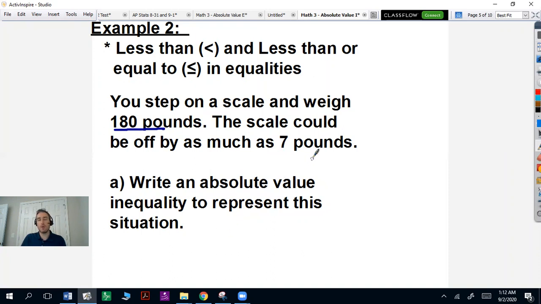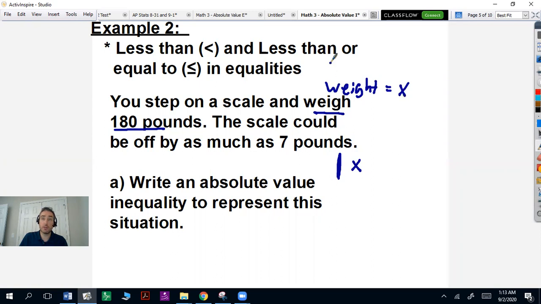So the way that those work is you write the absolute value of some variable. We'll call all our variables x, but you can call it w for weight if you want. But weight is going to be your x variable.